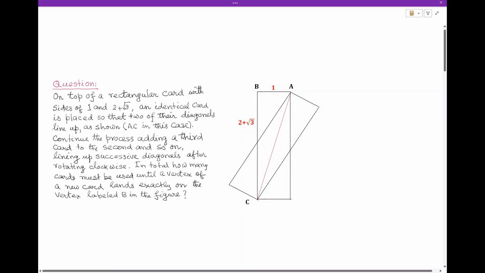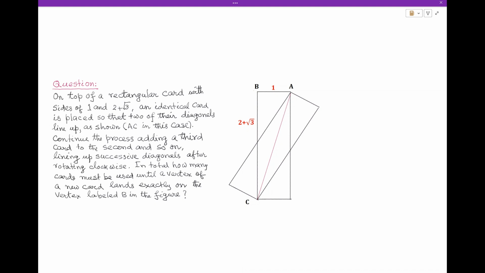On top of a rectangular card with sides 1 and 2 plus root 3, an identical card is placed so that two of their diagonals line up, as shown in the figure. AC, that is this, in this case.